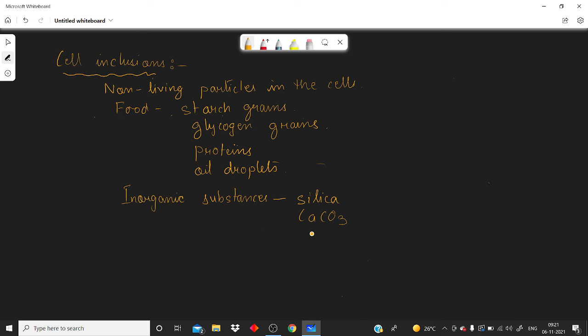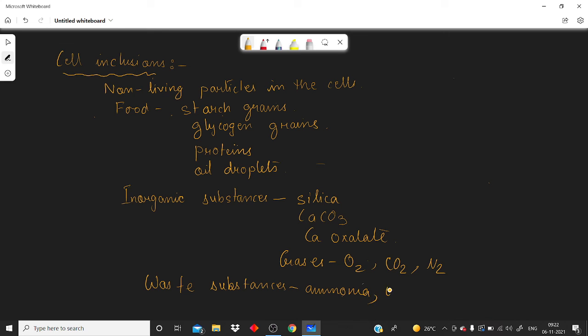Also calcium oxalate; water hyacinth has calcium oxalate in its cells. And then there are certain gases like oxygen, carbon dioxide, and nitrogen, which are also present as cell inclusions. Then waste substances such as ammonia, urea, and uric acid. So all these are cell inclusions.